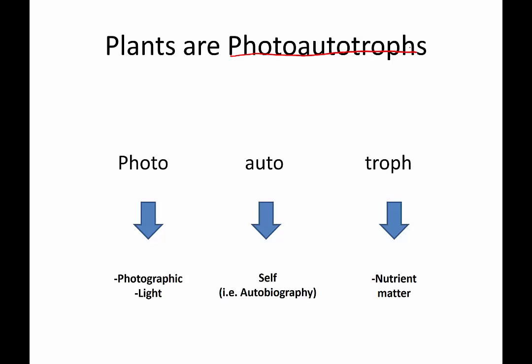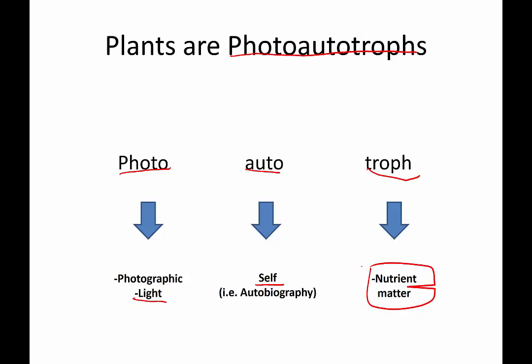The prefix photo, you can think of as something like a photograph. Photo is related to light. Auto, you can think of like an autobiography, so auto means self. And then troph, that's probably less familiar to you. Troph means nutrient matter.